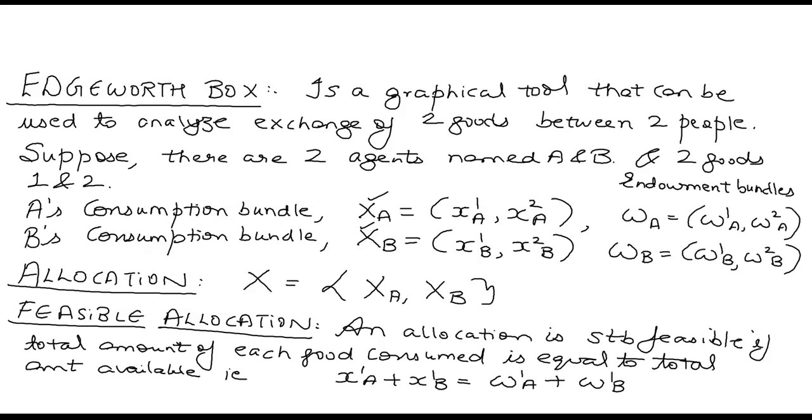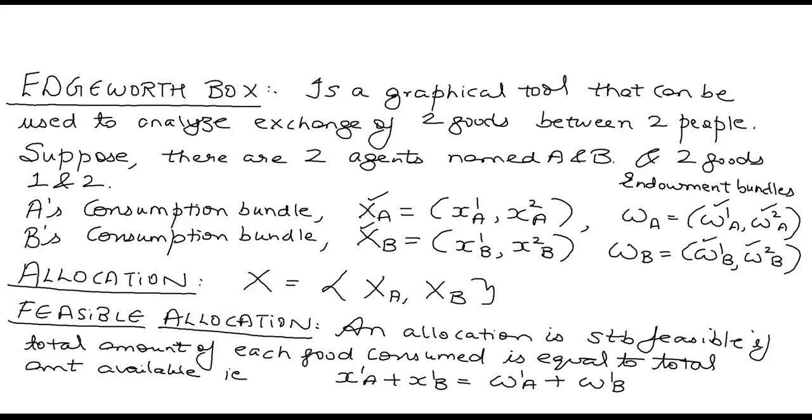So agent A is born with how much amount of good one? This much. And agent A is born with how much amount of good 2? Omega 2A. Similarly, agent B is born with how much amount of good one? Omega 1B. And agent B has how much amount of good 2? Omega 2B.